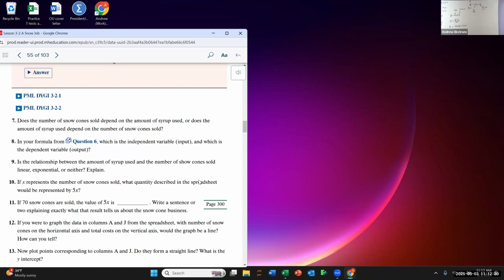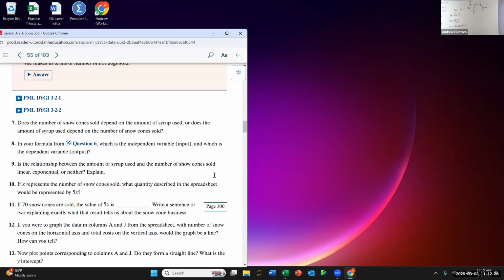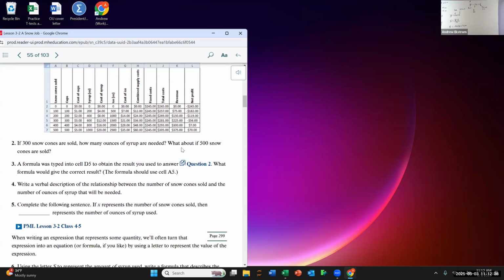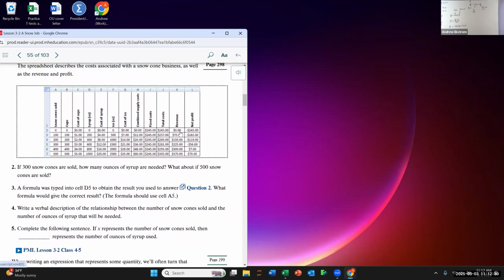If you look at what they have in there, they're trying to combine a bunch of different things that we've been dealing with throughout the semester. So if you look at literally everything that's here, what are they trying to do? They're trying to figure out, what is profit? Profit is revenue minus cost.